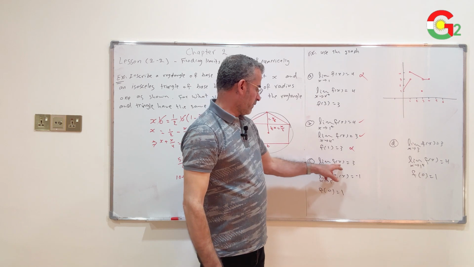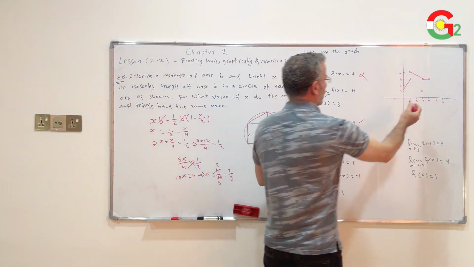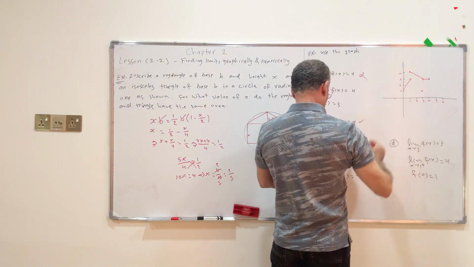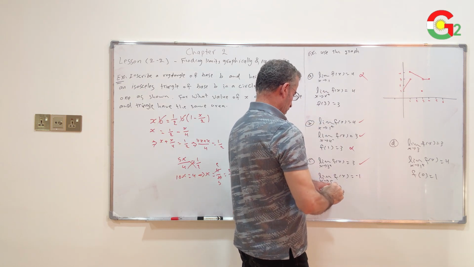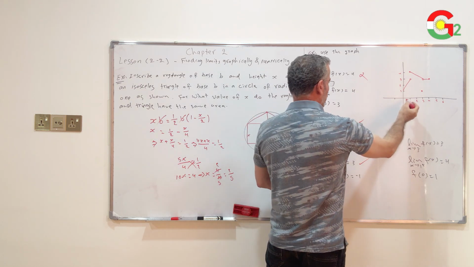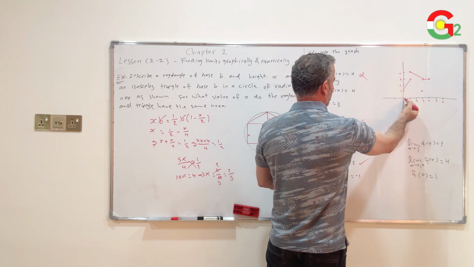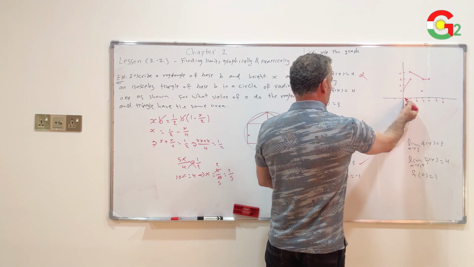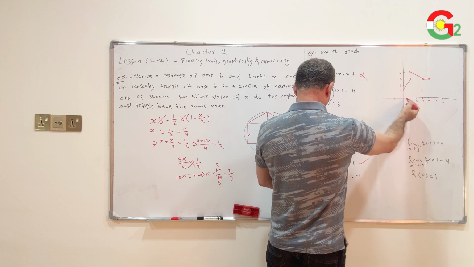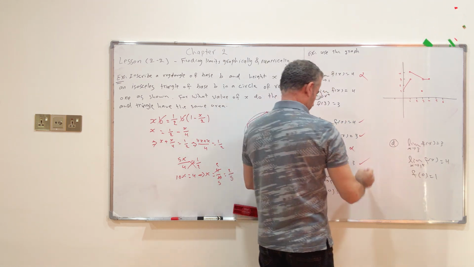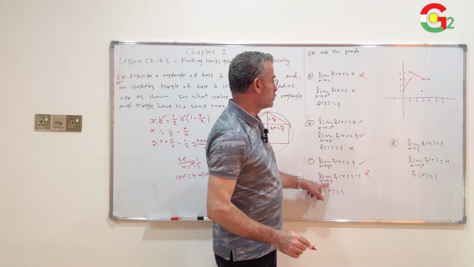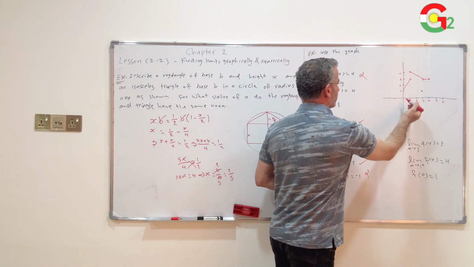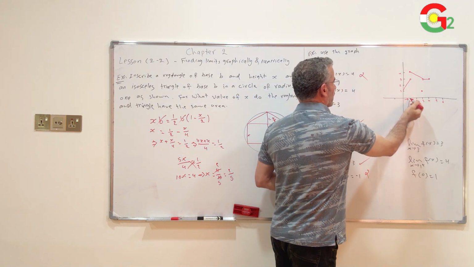Limit of f of x when x approaches 3 from the right. It is 3. True. Limit as x approaches 1 from the left. It is negative 1. Wrong. Limit of f of x when x approaches 1 from the left.